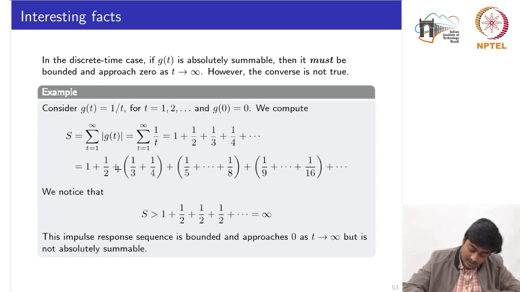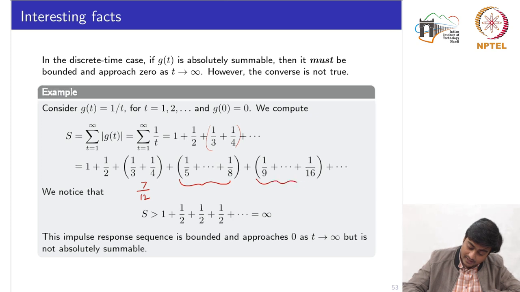Now if I start clubbing the entries of this summation, 1 plus 1 by 2 would remain as it is, plus if I combine these two parts, this part would be greater than 1 by 2. Now if I club the next couple of elements, this part is again greater than 1 by 2.